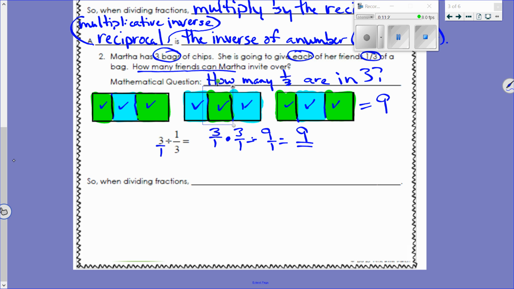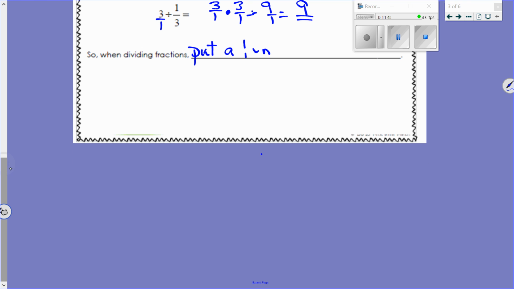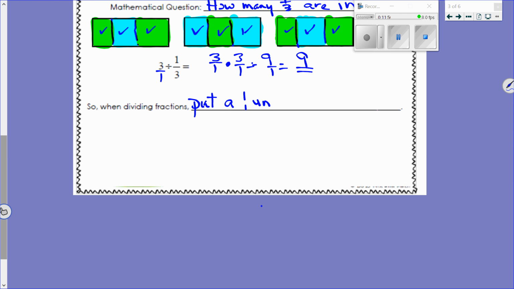Okay, now one thing we did here, when I had a whole number, what was the first thing I needed to do? Put a 1 under any whole numbers.